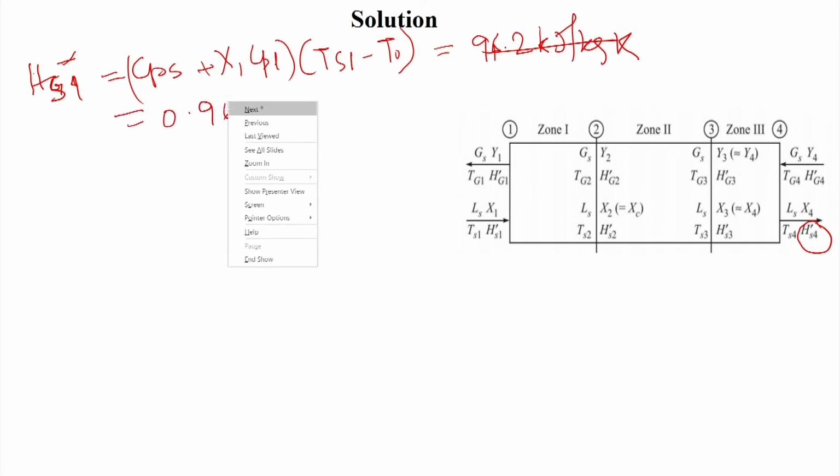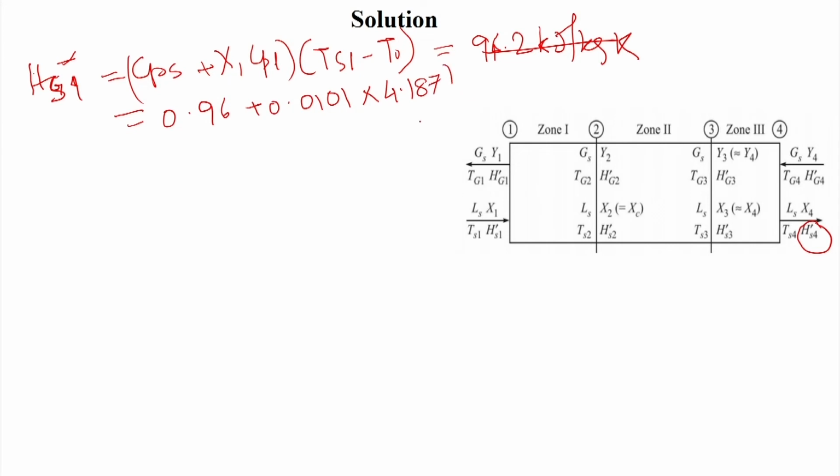By doing this, 0.96 plus 0.0101 into 4.187 into 60 minus 0. So, it is coming out as 60.14 kilojoule per kg Kelvin.